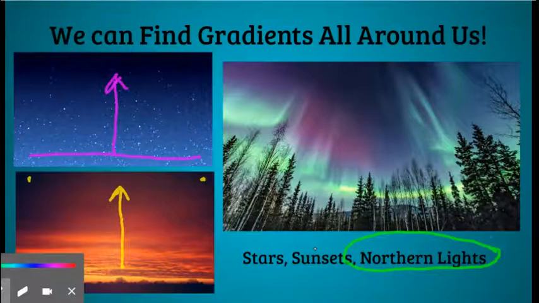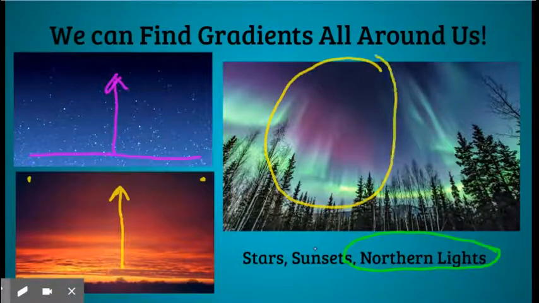So, let's try and find a really fun gradient with these. I'm going to circle this part of my northern light, and we can see the gradient between these fun colors. We see that our lights are starting out with a very bright green, and then they move to a bluish purple right here in the center, and then they move again to that pink color, and then finally they reach the top and they're more of a dark blue and a black one more time.